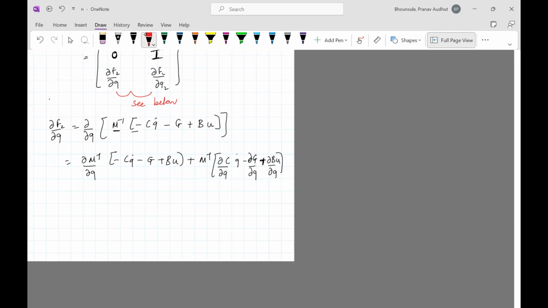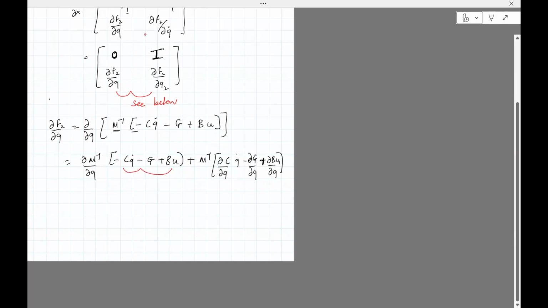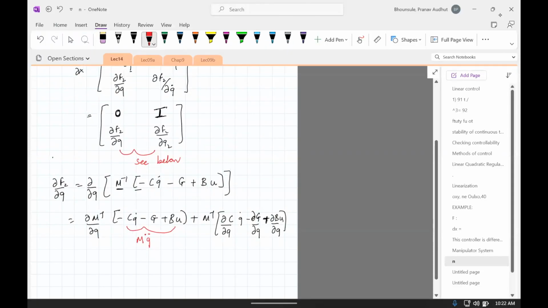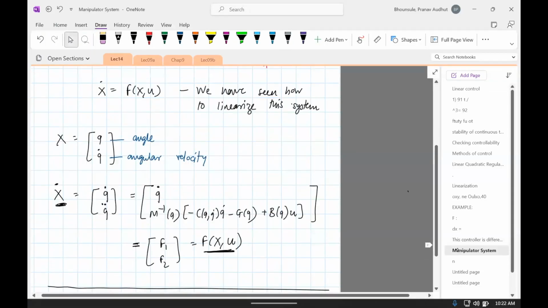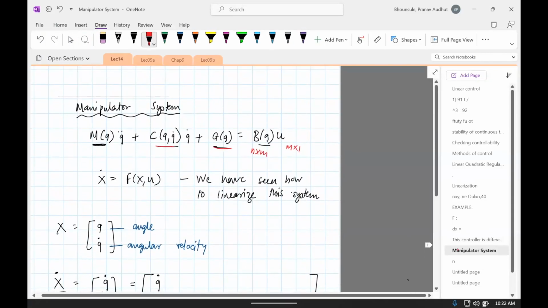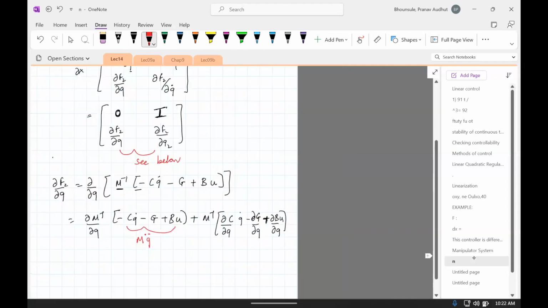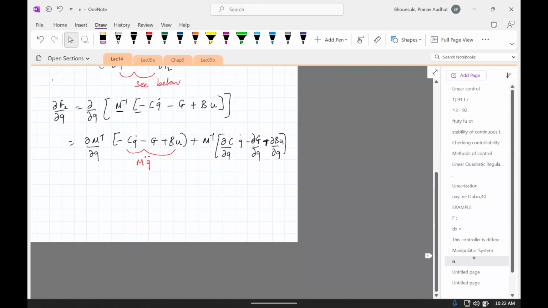Okay, so now this term is actually M q double dot, right? Because that's basically the equation. This term on the right side, when I move things to the right, is still M q double dot. And then when we're doing this, our assumption, just to make our life easy, is that when you're controlling a manipulator, the acceleration is zero.